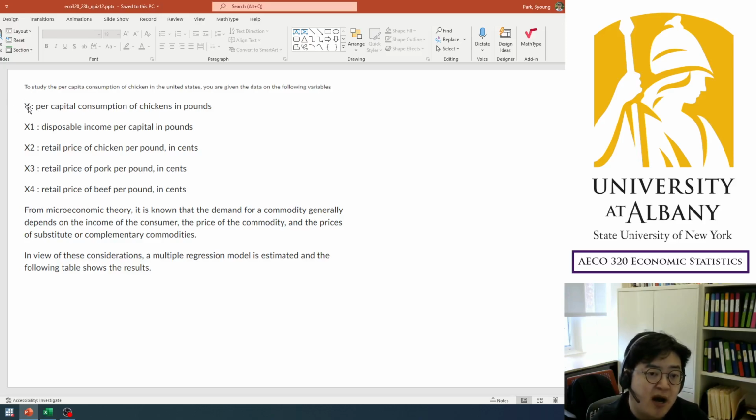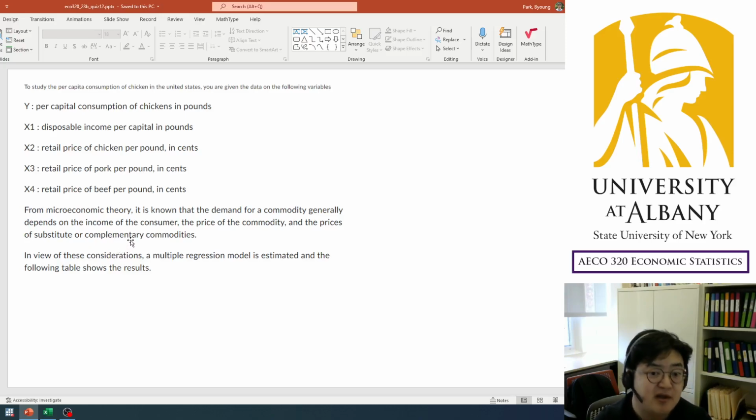And to explain Y, we include disposable income, your income, and the chicken price, as well as pork price and beef price, right? So from microeconomic theory, it is known that the demand for a commodity generally depends on the income and the price of that commodity and the prices of substitute or complementary commodities.